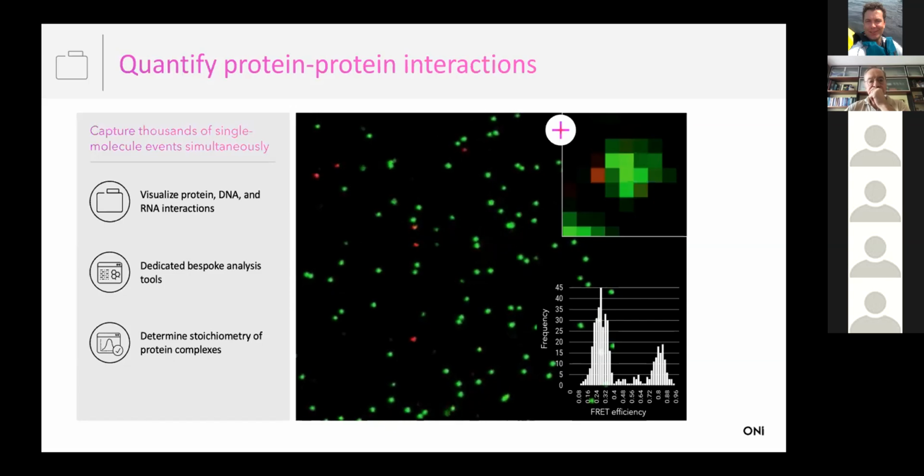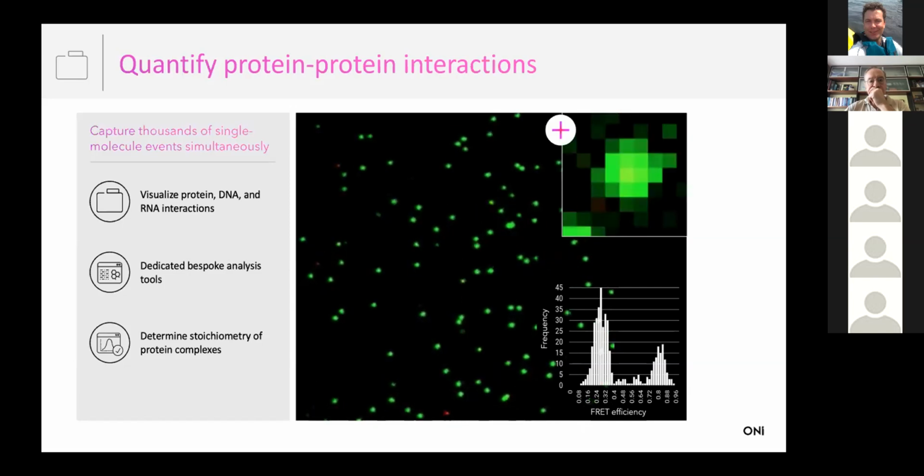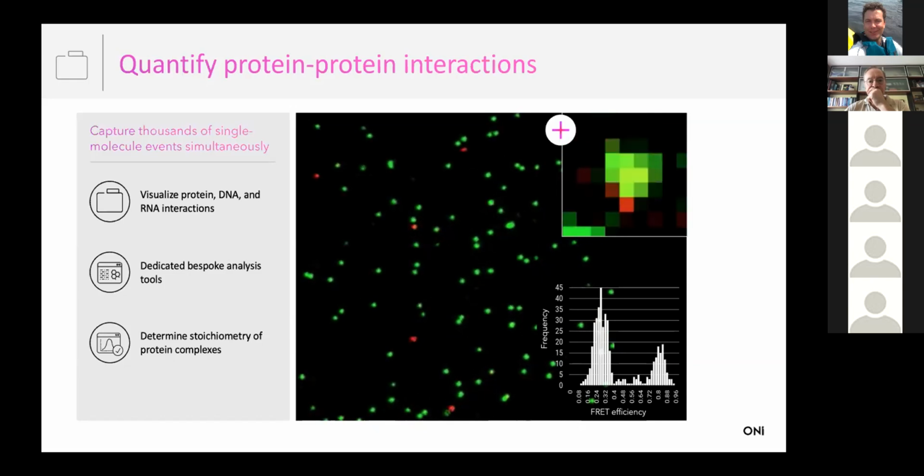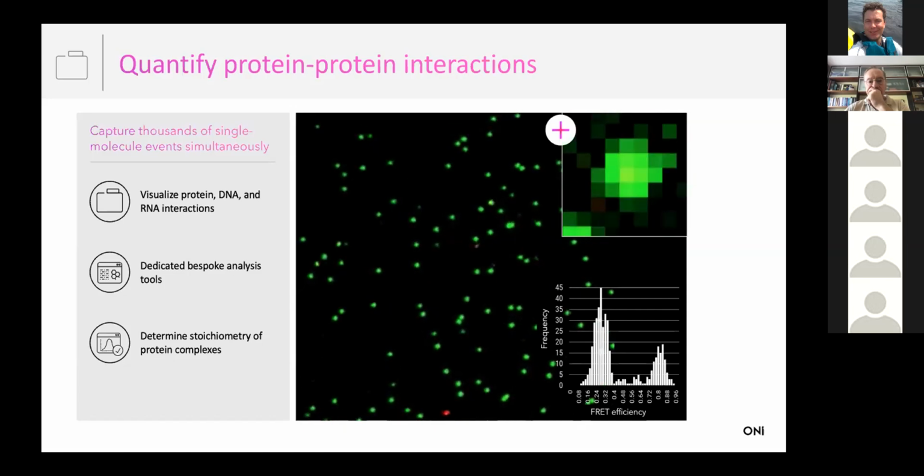Now in solution, they're going to be dynamic and moving around, but when they get within their working range of 10 nanometers, we're going to see a change in fluorescence from the green to the red. And as I mentioned, this then is automatically detected within the software so that we can perform specific analyses. And the best part is because of the large field of view, we can really try and capture thousands of these events occurring at a time.